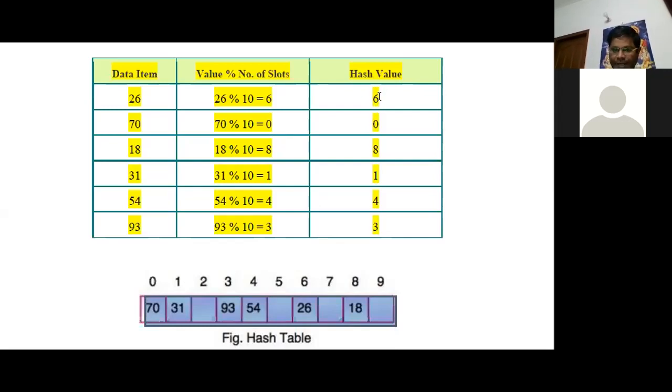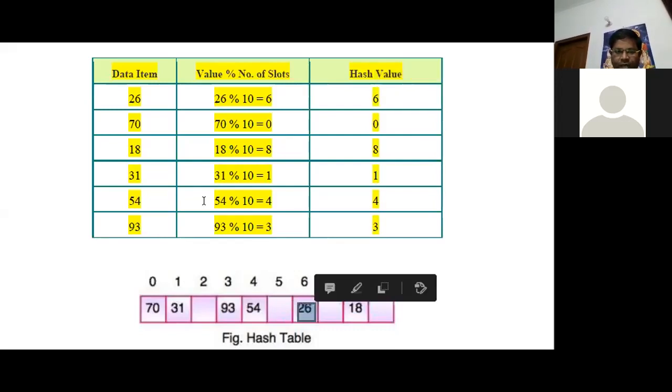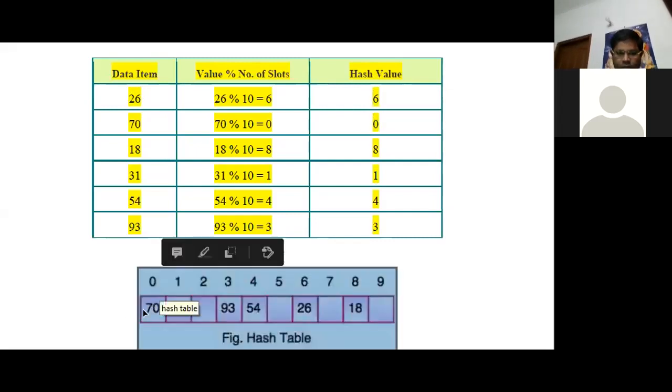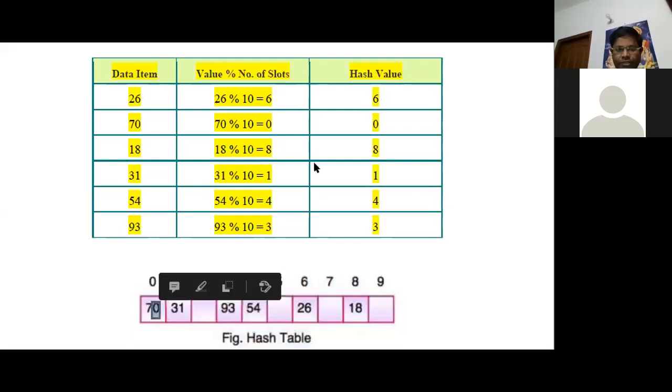put the data item. So hash value 6 means at the 6th index we have to place the data item, and that value is 26. Again hash value 0 means at the 0th index the data item that is to be inserted, and that data item is 70.